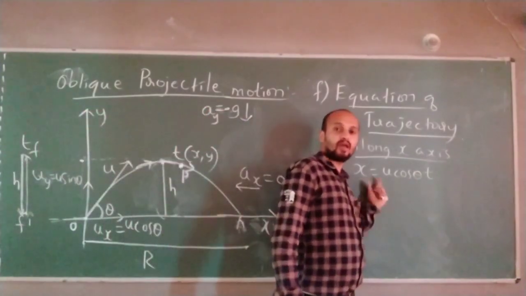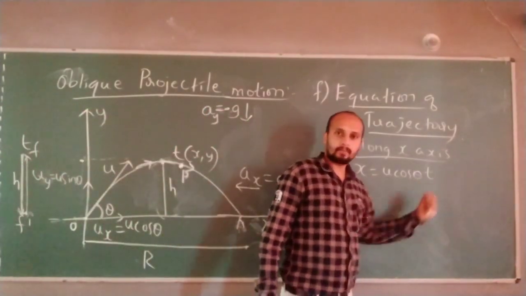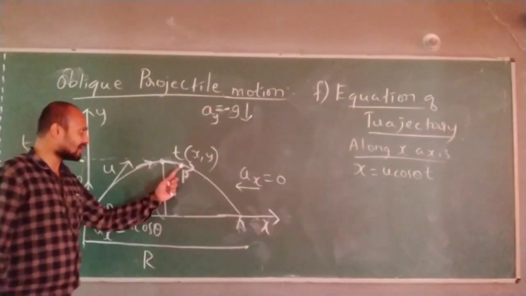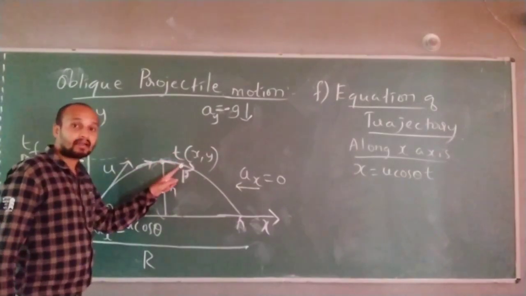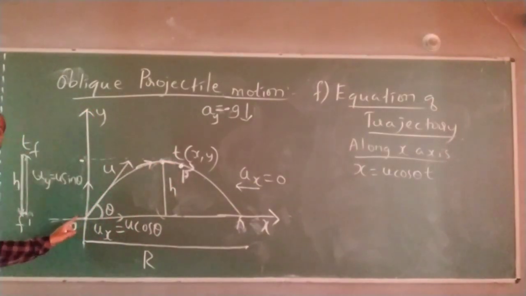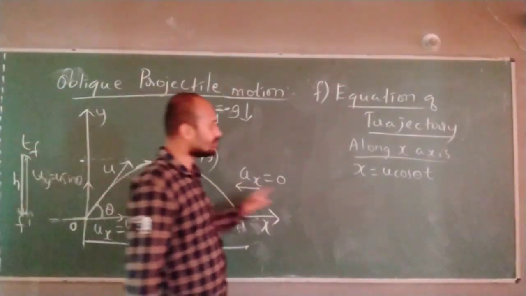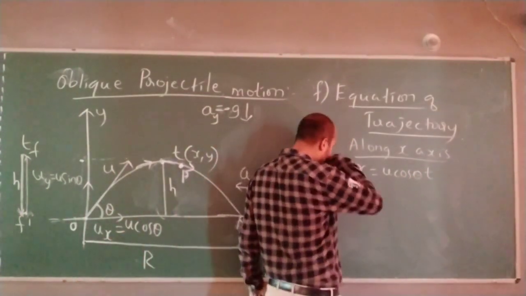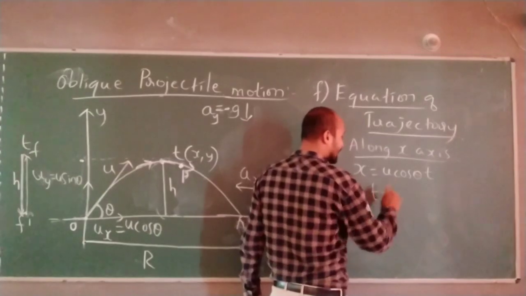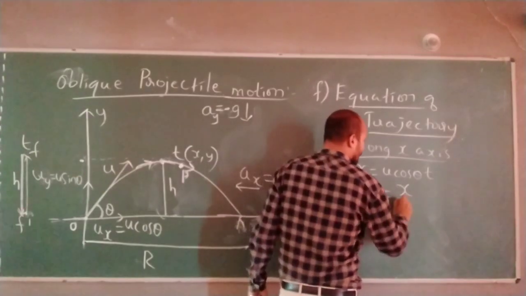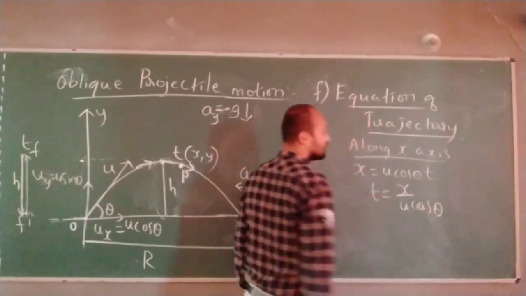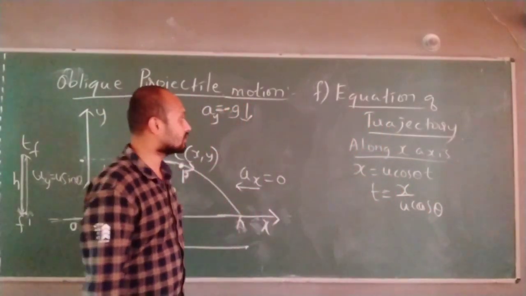Displacement is equal to velocity into time, where t is the time taken by the particle to reach point P from the origin. x is equal to u cos theta into t, so I can write the time taken as x divided by u cos theta.